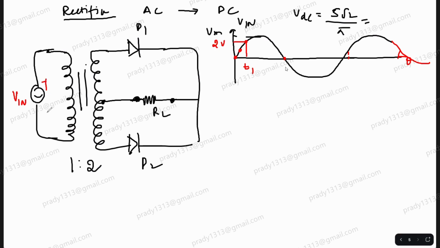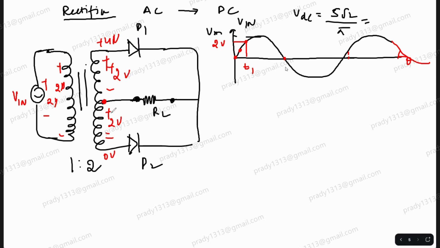If this is 2 volt, what will be the voltage induced here? 4 volt. What will be the voltage induced here? 2 volt. And here, 2 volt with respect to the center tap.